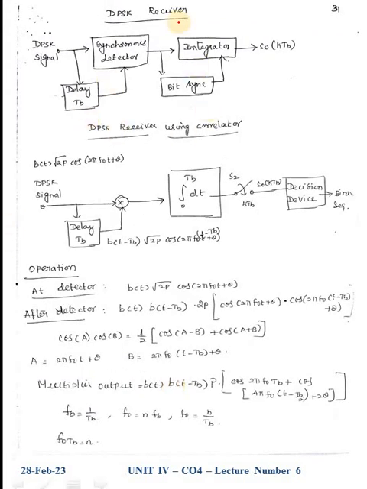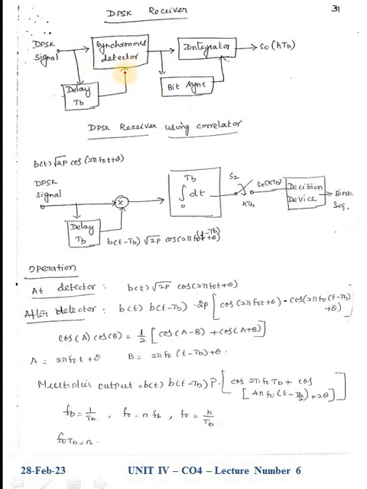This is the block diagram of the DPSK receiver. The DPSK signal is given to the synchronous detector. Here one delay is introduced, then an integrator and bit synchronizer, and we can obtain the demodulated signal from this side. The DPSK signal is directly given to the synchronized detector. Synchronized detector means whatever carrier we are using in the transmitter block is reproduced with the help of the synchronized detector.